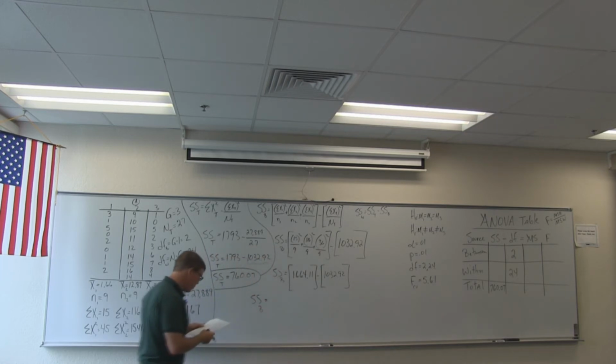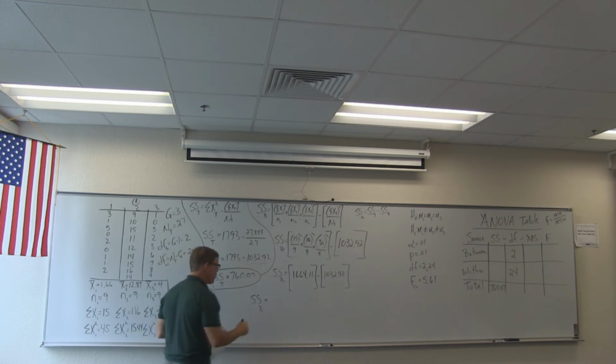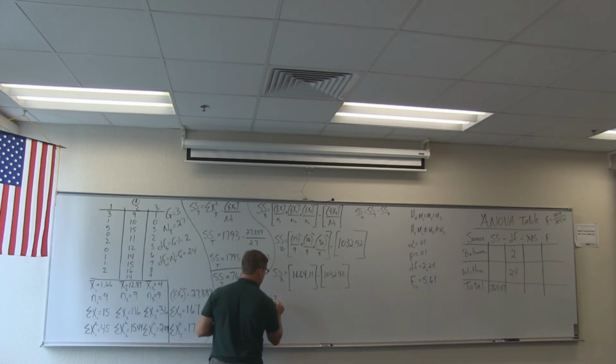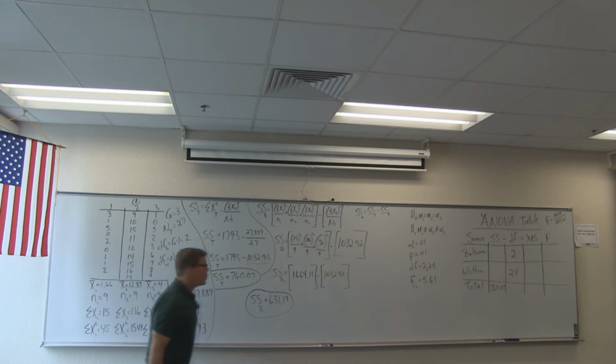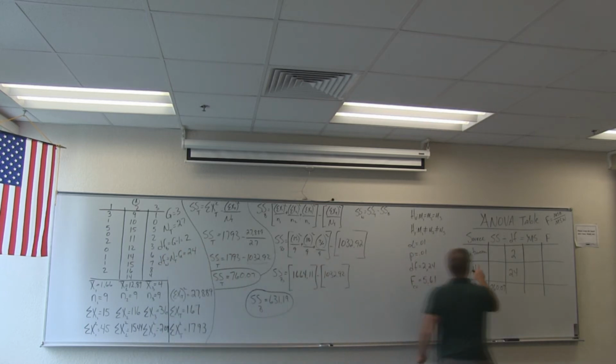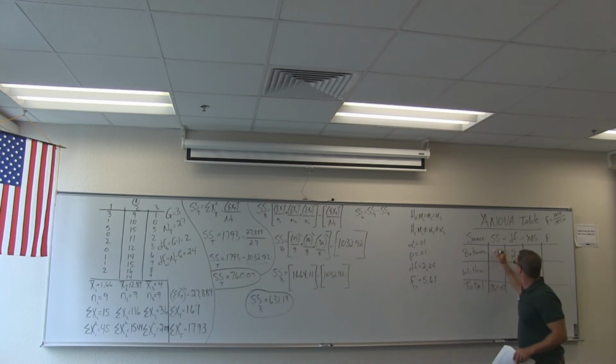Sum of squares between groups is 631.19. And we take this number, we put it where it belongs. Sum of squares between, 631.19.